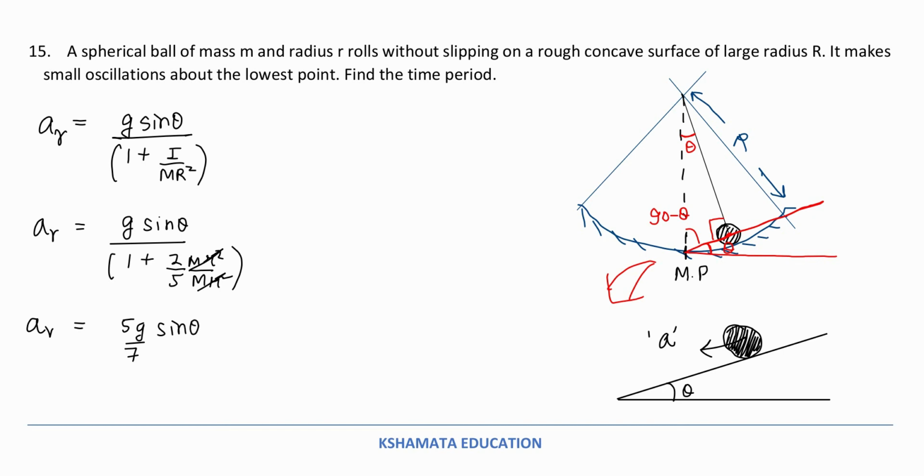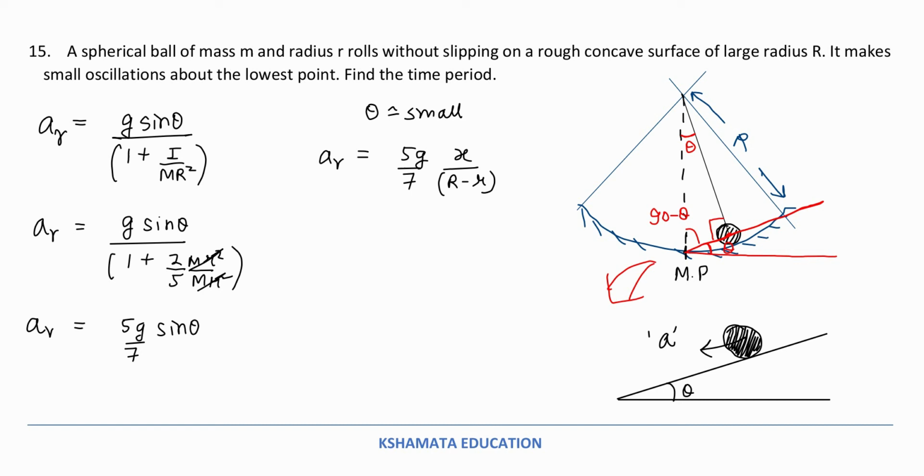If I take theta to be very small, then the angle can be written as arc length upon radius. So a_R can be written as 5g by 7, the arc length is x, and the effective radius will turn out to be R minus r.